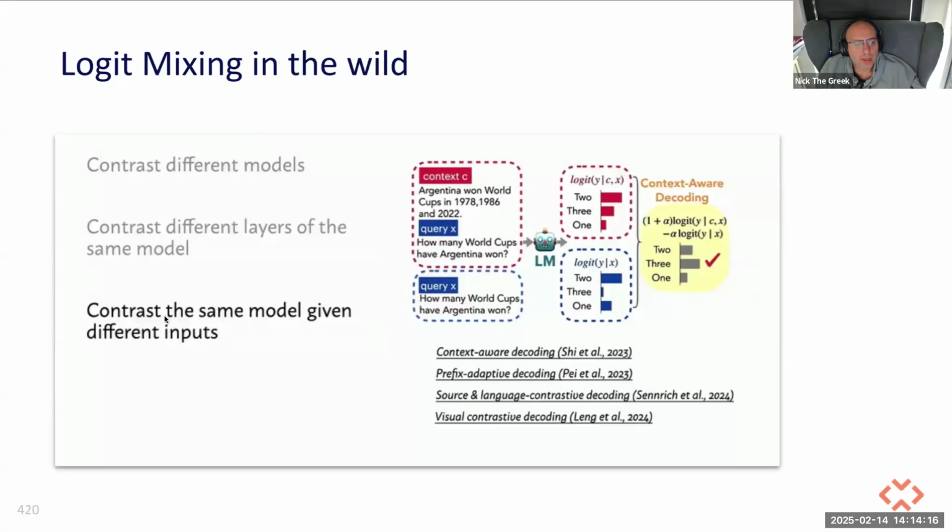Now, contrast the same layer model given different inputs. You're saying here Argentina won World Cups in 1978, 1986, and 2022. And then the query is, how many World Cups have Argentina won? And also, you can have the question without the context. Interestingly enough, this would have given you 2 as higher than 3.